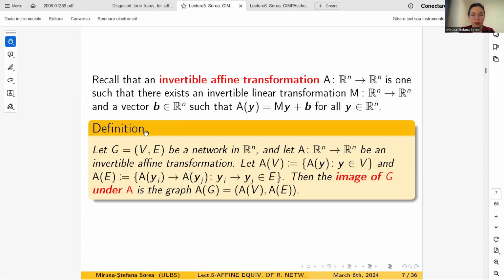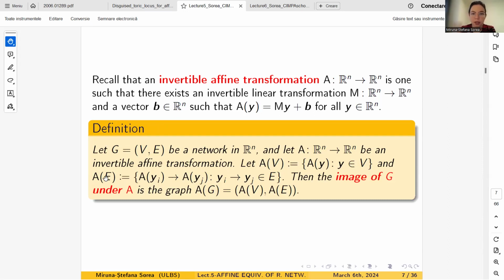I think it's quite intuitive now: we take the set of vertices of G, the initial network, apply A, and take the set A(V) that has all the images of the vertices of the network G.